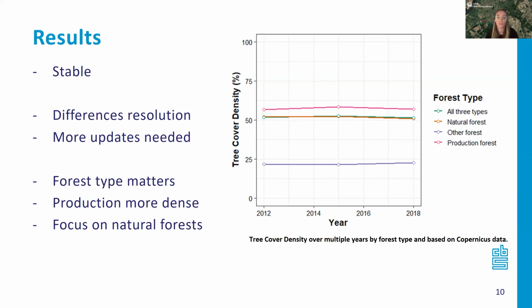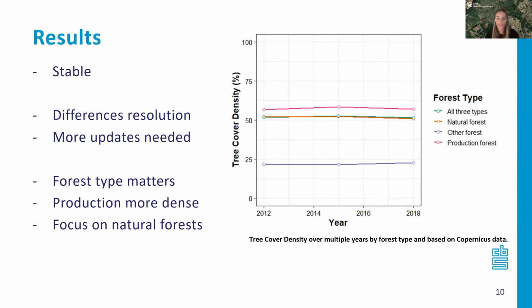However, these differences are probably due to the fact that the 2018 layer has a higher resolution. So it's not really comparable to the 2012 and the 2015 layers. Besides that, the trend only has 3 data points, which probably isn't enough to really identify a trend. So we would probably need a few more data points to see a clear trend out of this result.